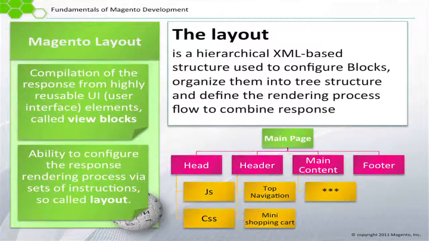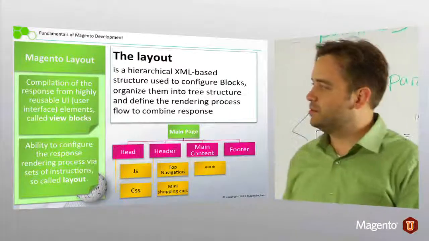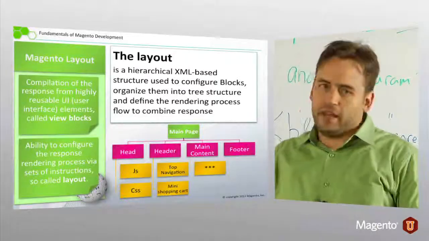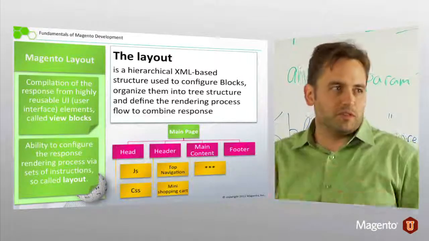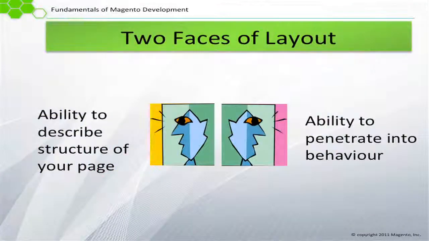So as a reminder, we have in a page in Magento just this nested structure of blocks. All right? So you have your outside template, and then inside more templates, some of which contain other templates, etc.